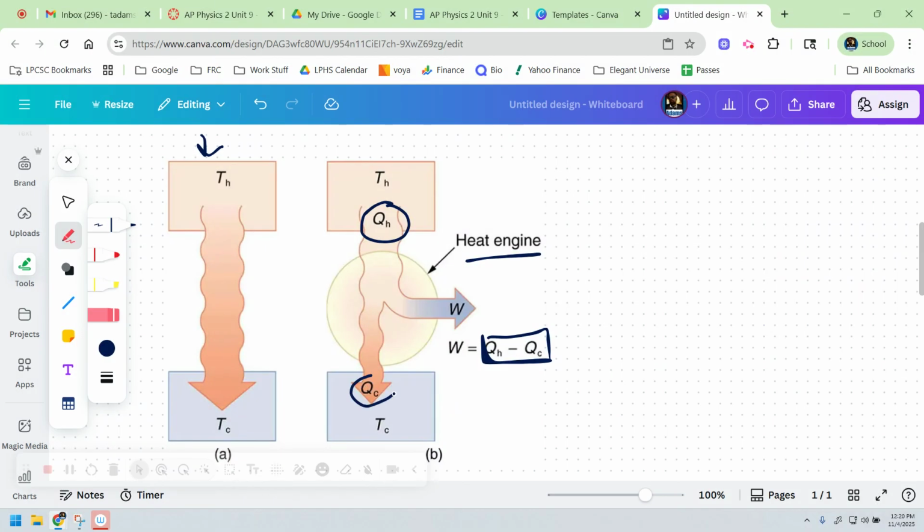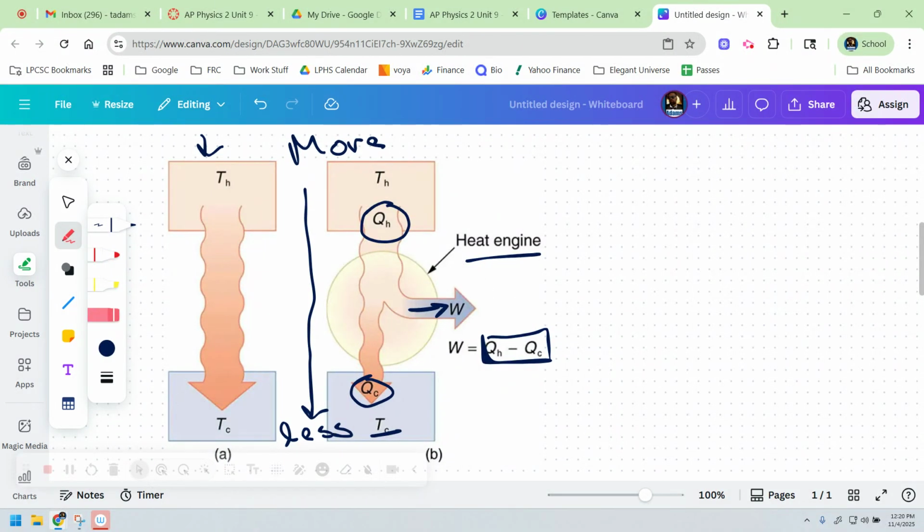And then at the end, because the work is taking some of that heat energy and converting it, I'm going to have a lower heat here, but it still wants to flow to the lower temperature. Okay, so that's how heat engines actually work, because the heat wants to go from more heat energy to less, and then we can siphon off a little bit of work in the process.